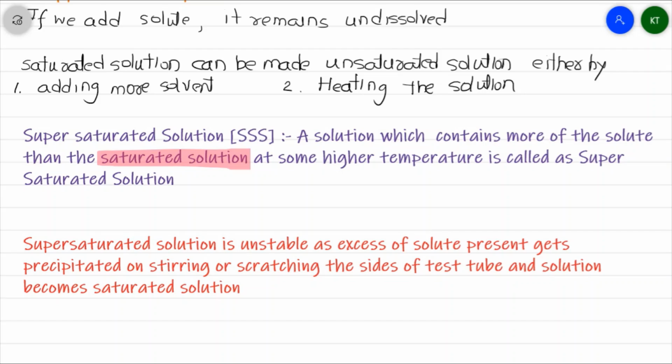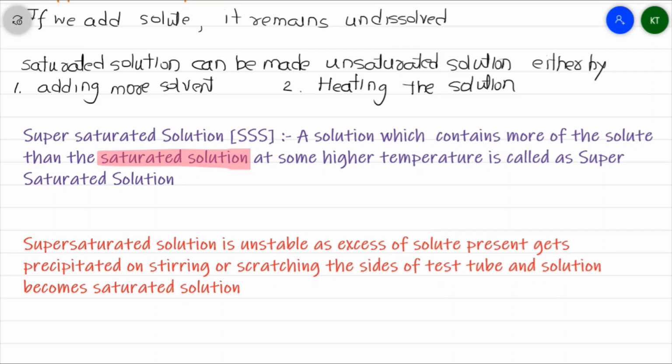A solution which contains more solute than what is present to make a saturated solution at some higher temperature is called a supersaturated solution. By default the temperature is high, so the quantity of solute which you require will be more.